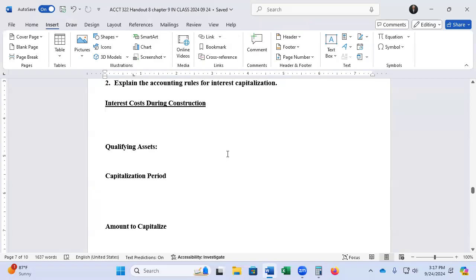Okay. Now, when we talk about these rules, remember, we're talking about if these are material, right? So it has to make a difference to the company in order to be bothering with this stuff in the way that we are. If these are small amounts, most of the time they're likely expense. But when we're talking about big things, it costs significant amounts of dollars to build a building.